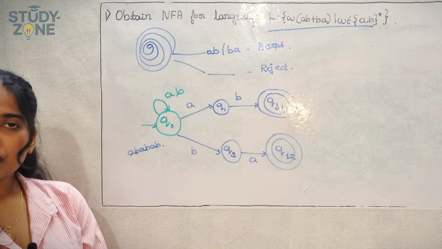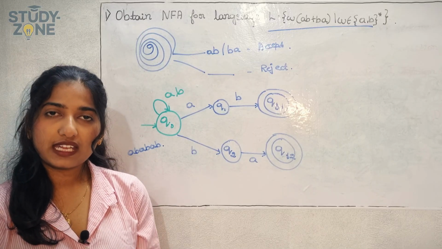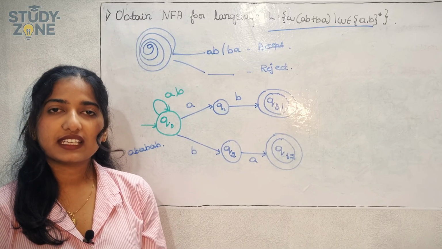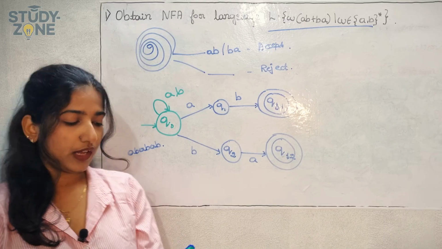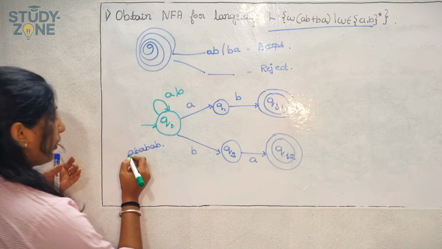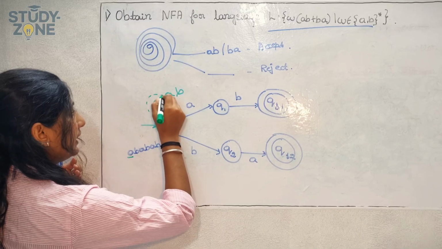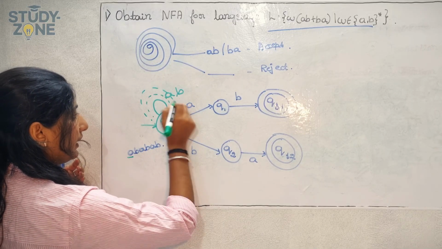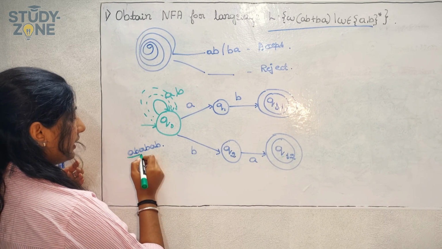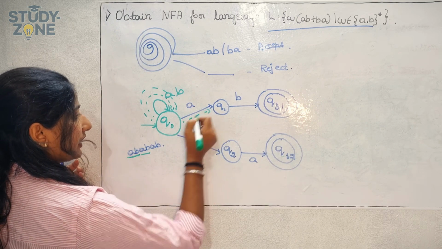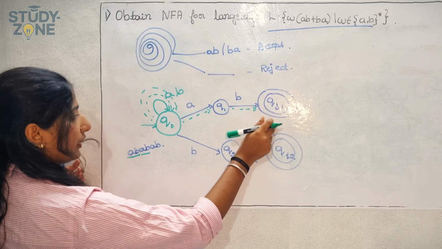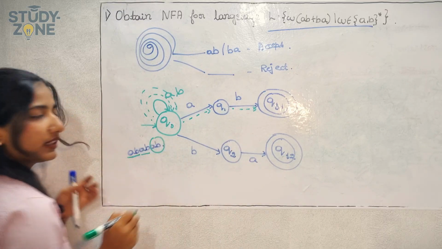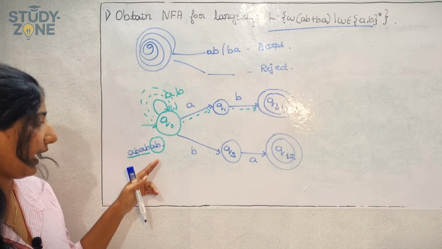What the machine will do is take a guess. For a it will revolve here, for b it will revolve here, and then done. Or for a it can move here, for b it will move here, and then it gets to know that there are still two more ab.